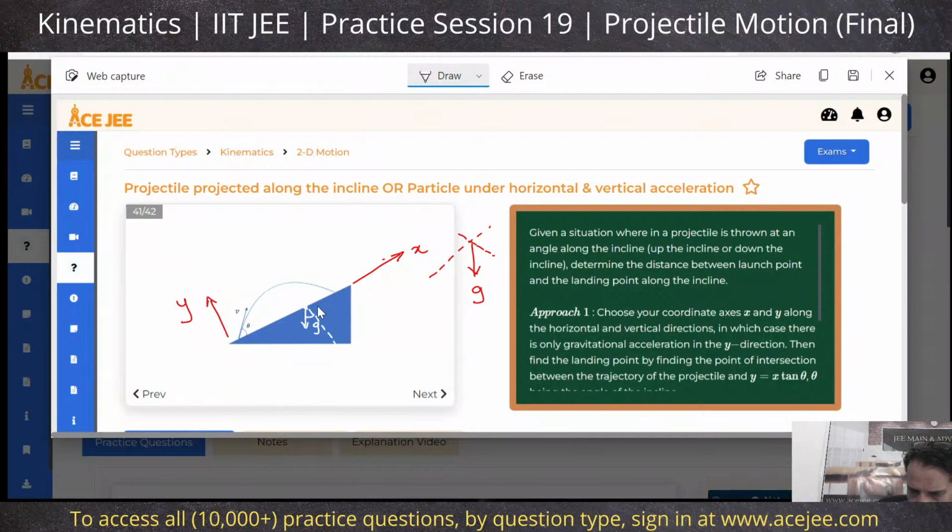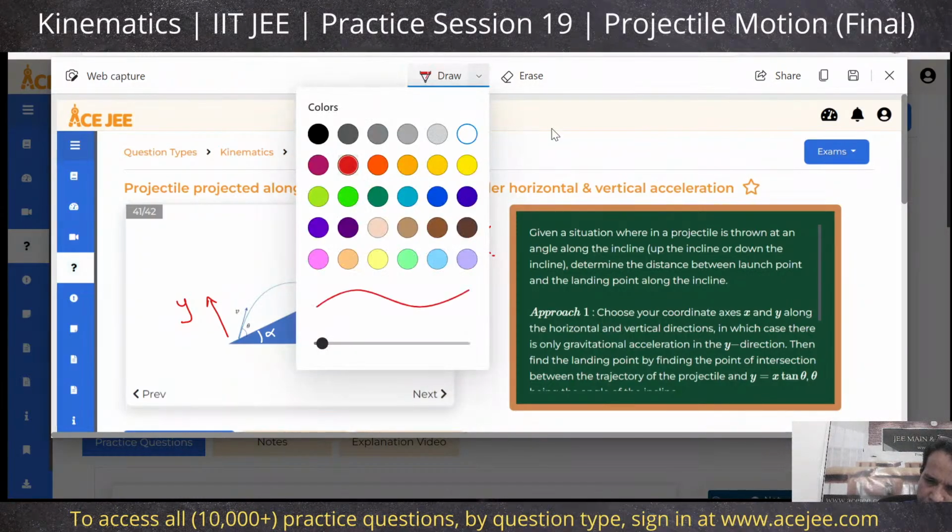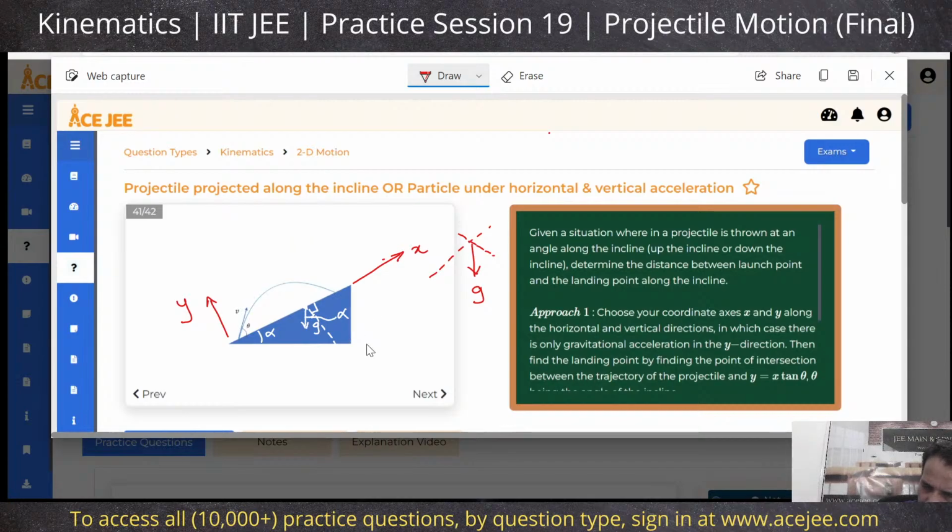If this angle is alpha, what is this angle? Is this angle alpha as well? Yes, sir. Okay. So the component of g perpendicular to the incline is g cos alpha. Along the incline will be g sin alpha. Any doubts here? No doubts.